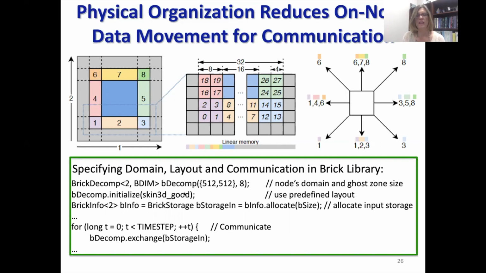Declaring the domain, selecting a predefined layout, and allocating the input storage, and then for each iteration of the time step, there's a ghost zone exchange using a special library function that knows how to exchange data based on this layout.